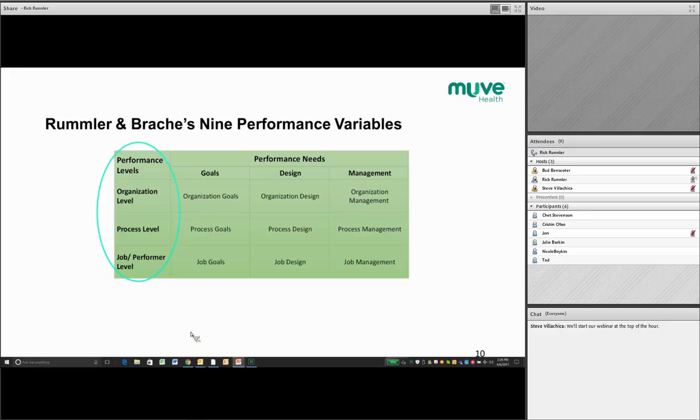The notion of organization is relative, but the more tightly or narrowly we define organization, the less value we get out of it, because it's all about understanding the larger context and the variables that are impacting the performance that we're trying to impact.